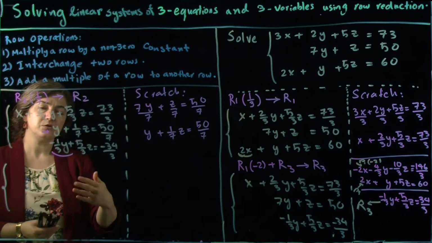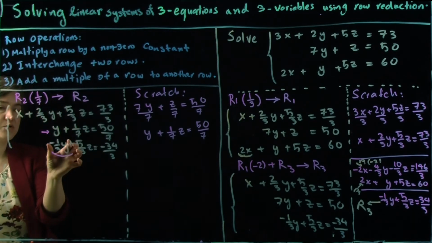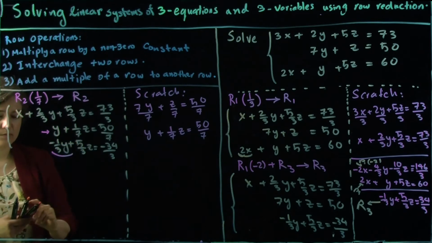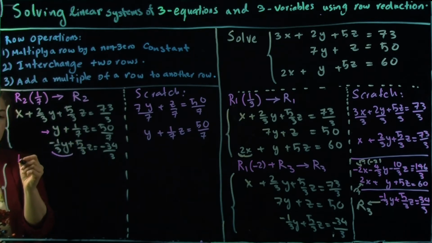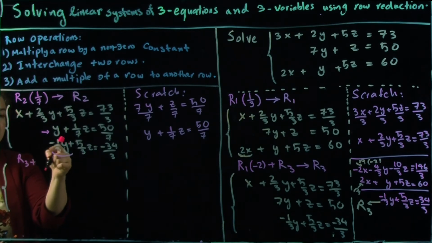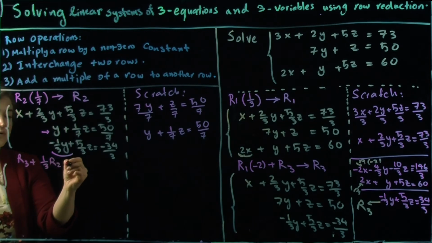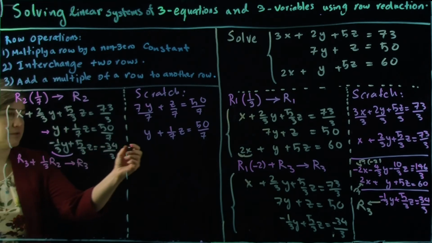So, going back to what I'm supposed to do, I'm supposed to eliminate this term. That is row 3 plus the negative of negative 1/3, which is 1/3 of row 2, goes back to row 3.